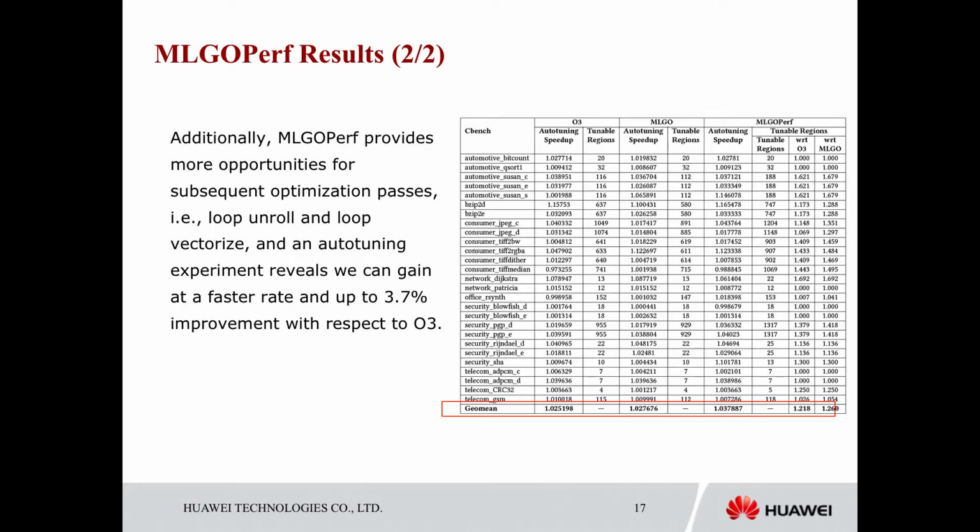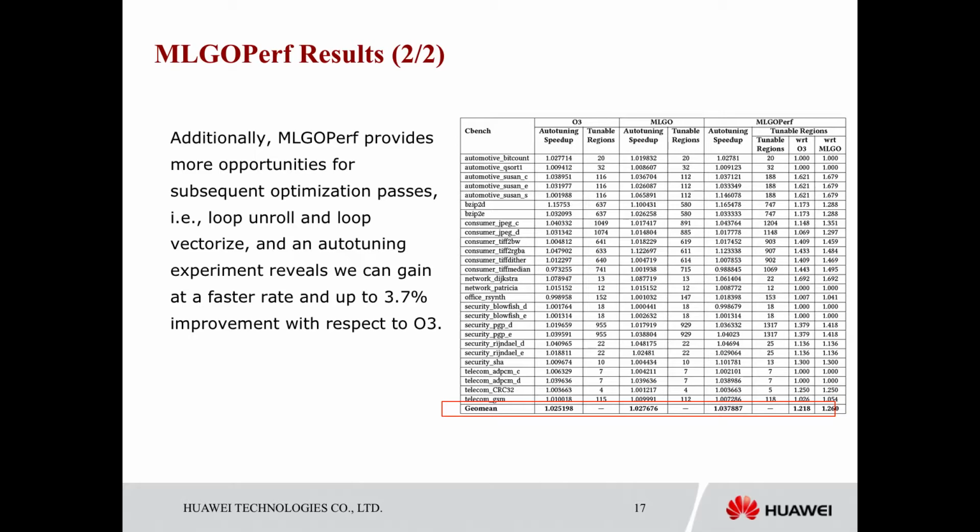So do we provide more opportunities for the subsequent passes? Do we hinder certain optimizations there? And what's going to happen to the code size as well? That's why we explored maybe 100 to 200 iterations of tuning.